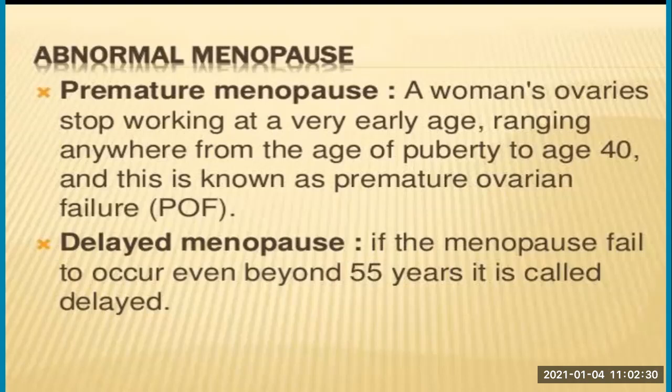We have seen the age of puberty for girls is about 11, and anywhere between 11 and 40 menopause can occur, and that becomes premature menopause. This is known as premature ovarian failure, or POF. Whereas in the delayed condition, if menopause fails to occur even beyond 55 years, it is called a delayed one.